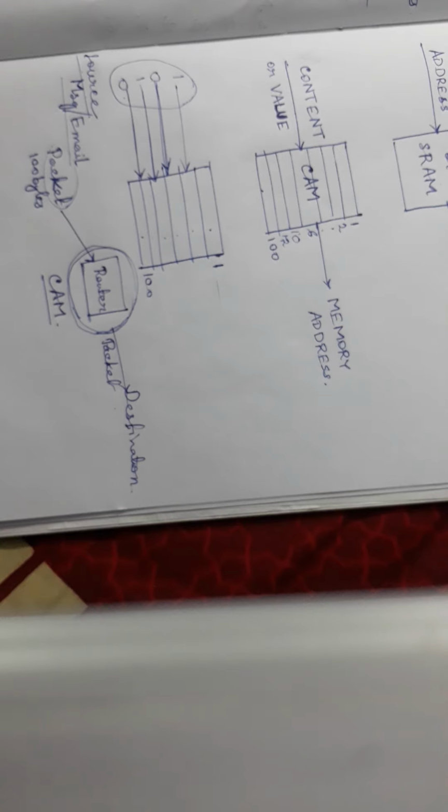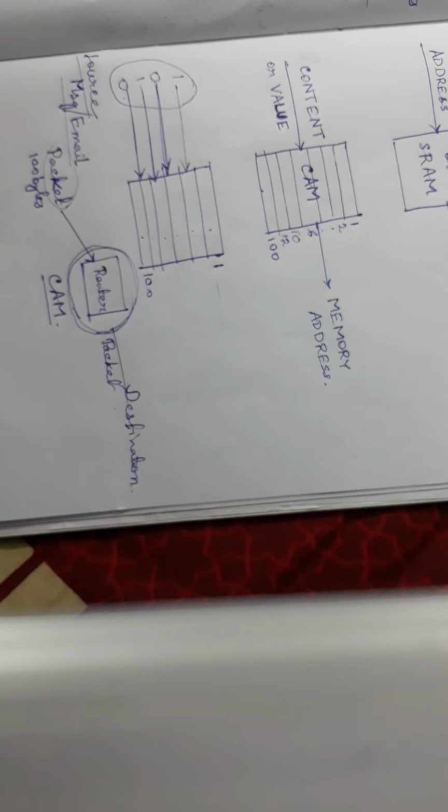But what happens in case of CAM? If we want to store data into a CAM, then the data is stored in random fashion. That means the data can be written into the first empty location in the CAM.